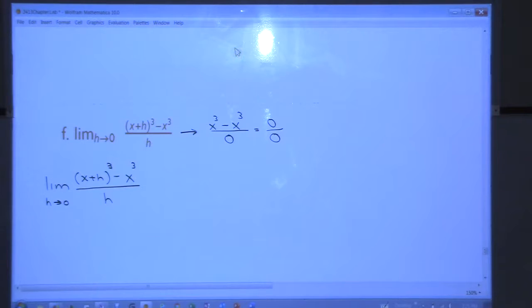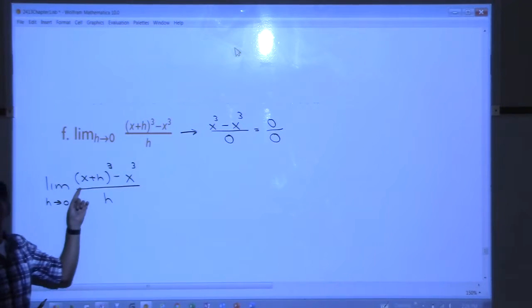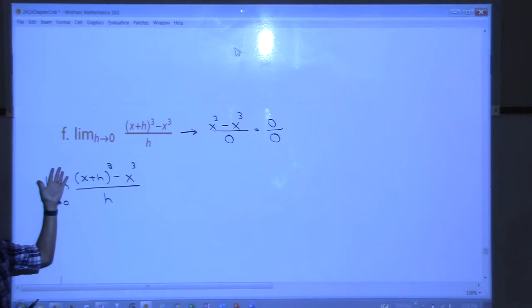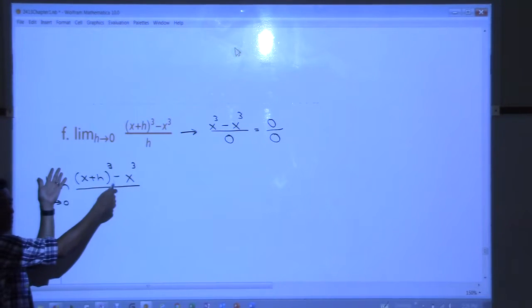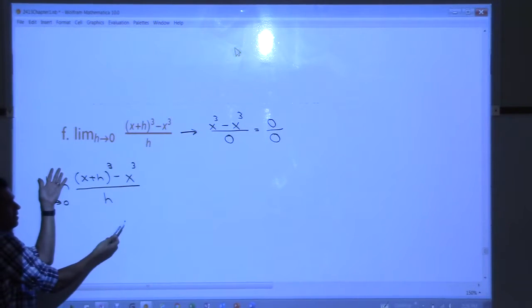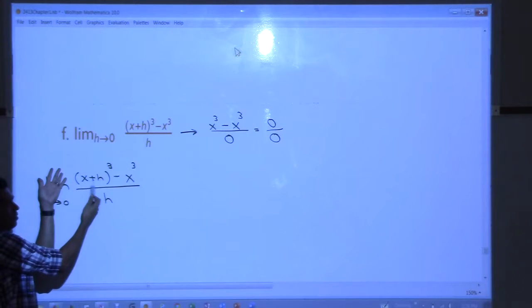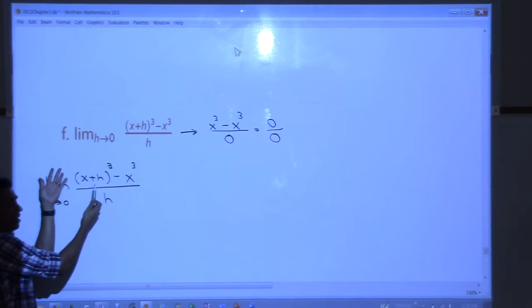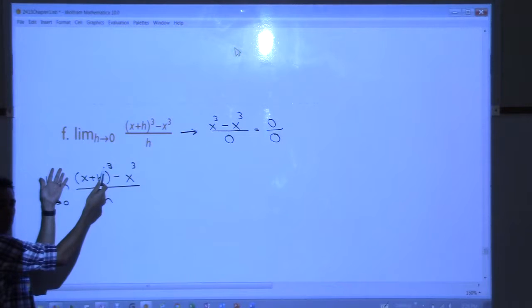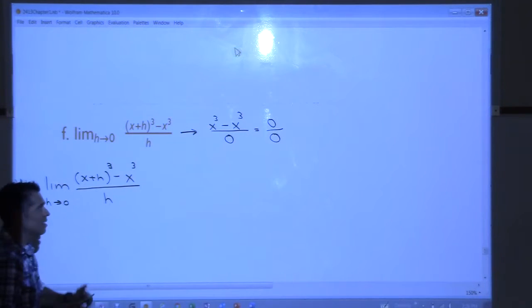So it'd be really nice if at some point an h canceled, right? This looks like a difference quotient, doesn't it? You should recognize that as a difference quotient. So if you were doing this as a difference quotient, you would just do what at this stage? Just multiply that out, right? You just do x plus h cubed, right? So how do we do x plus h cubed?